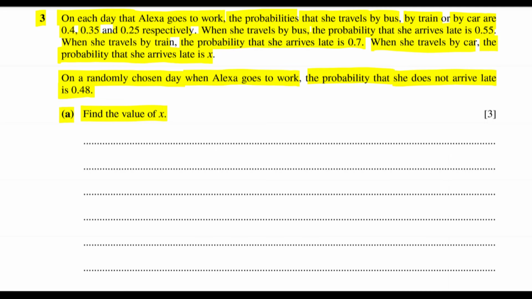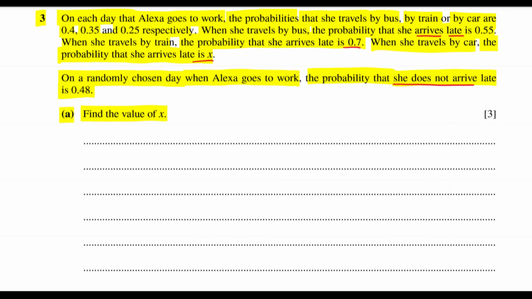So the information is given for does not arrive, and everywhere else they have given the probability for arriving late. So we can use the formula for not: if arriving late is given 0.55, then arriving not late is going to be 1 minus 0.55. So it's better to start with late, because we need to just find the value of x.